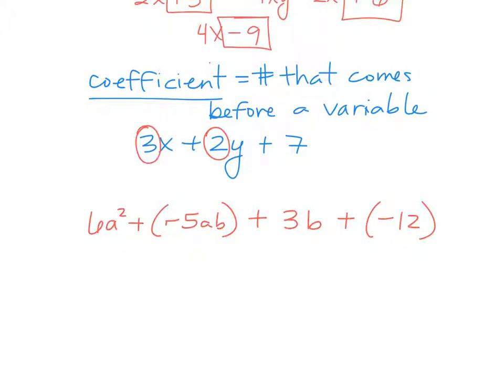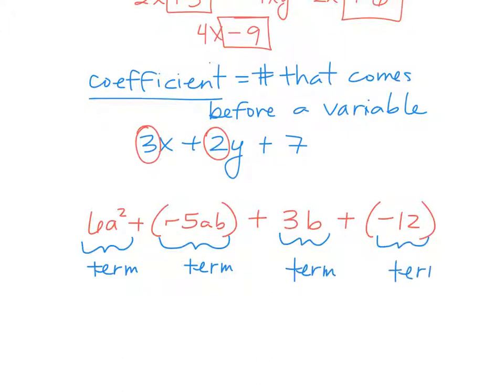My terms right now, how many terms do you see? How many is it? 4, right. There are 4 terms. So this right here is a term. And this is a term. And this is a term. And this is a term. Okay, so we have 4 terms in this problem.